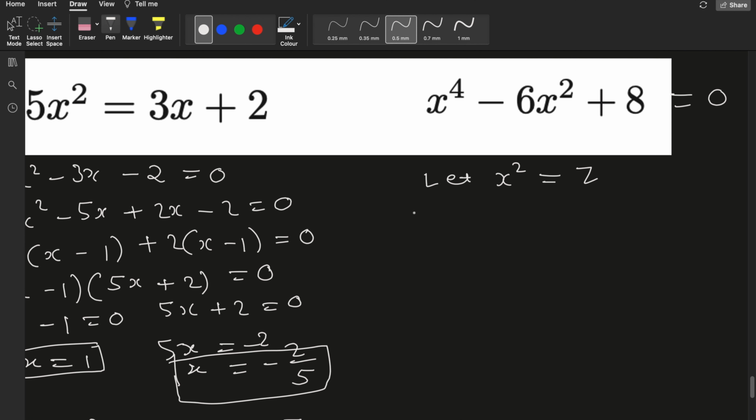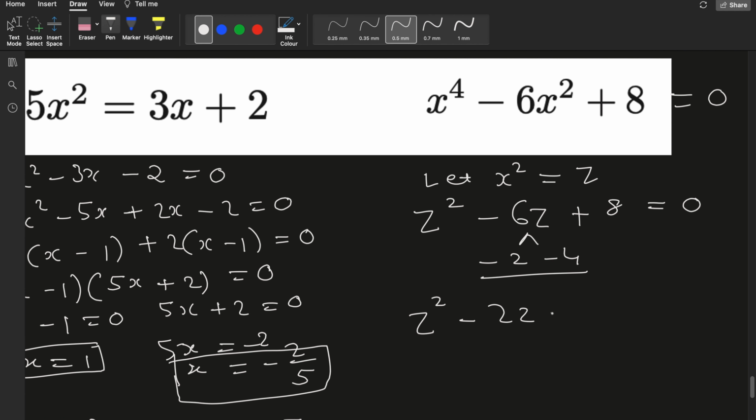So this would be z squared minus 6z plus 8. Over here we can split the middle term into -2 and -4. On multiplication we get 8. So we can use this. So we get z squared minus 2z minus 4z plus 8 equals 0. And then we can factorize it.